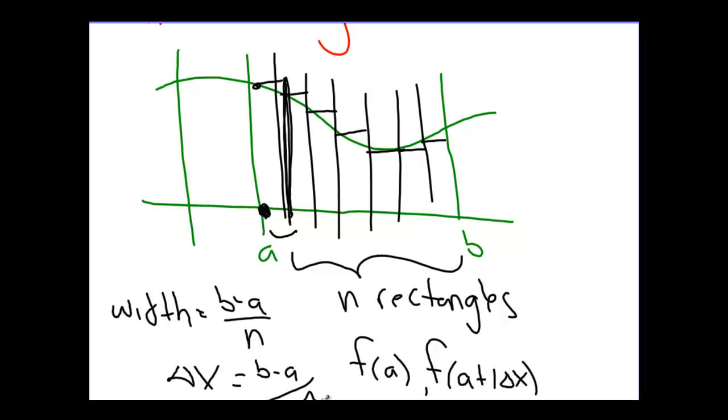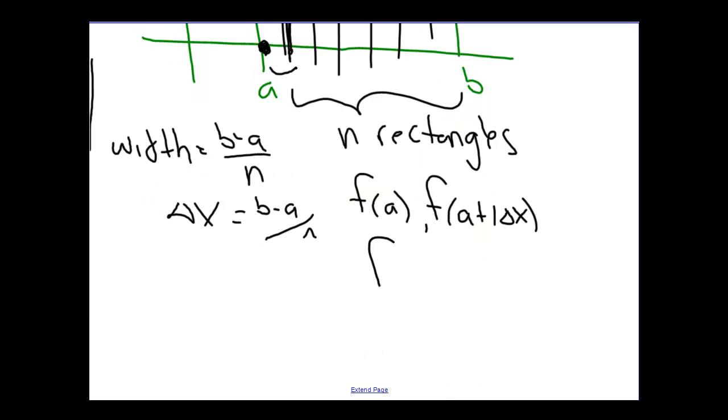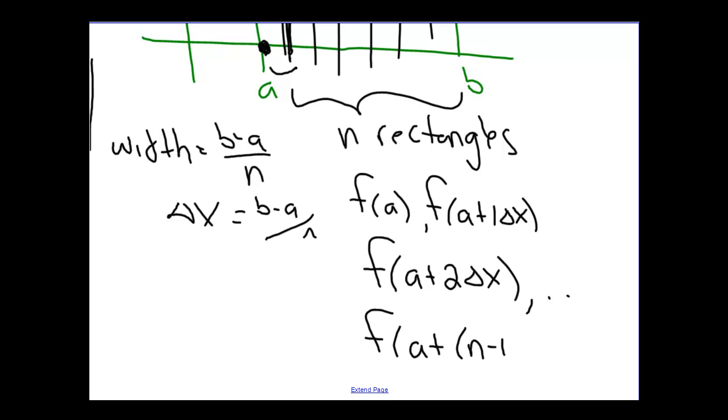And then the next height will simply be f of a plus 2 delta x, and so on and so forth until we go all the way over, and we end up with f of a plus (n minus 1) delta x, and that would be the function value at the left corner of the last rectangle.